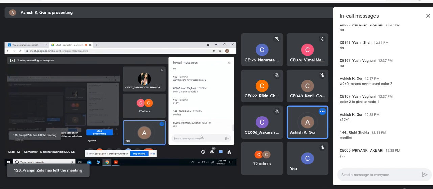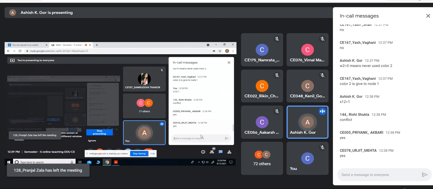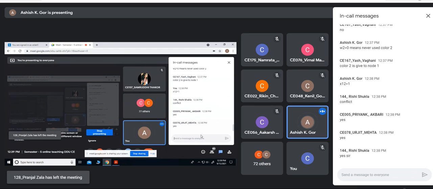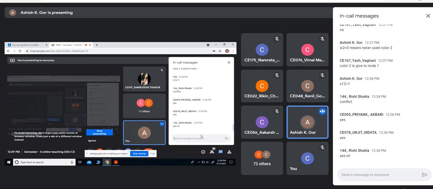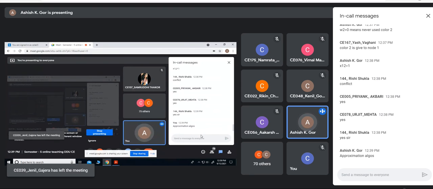Yes, Rishi? Okay, so that's why I took this example here, because from tomorrow onwards we will see approximation algorithms. It would be too hard to solve such problems on a larger input size. So we need something which runs efficiently.